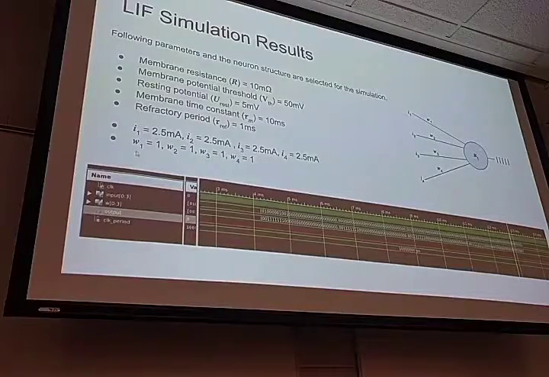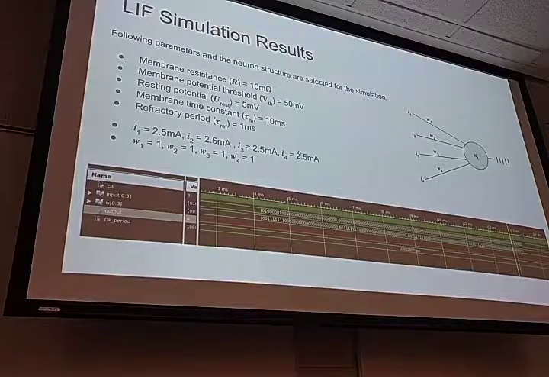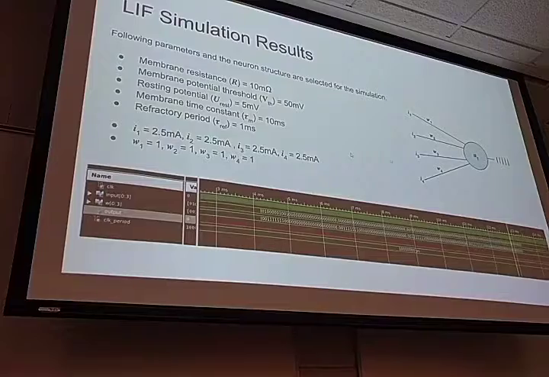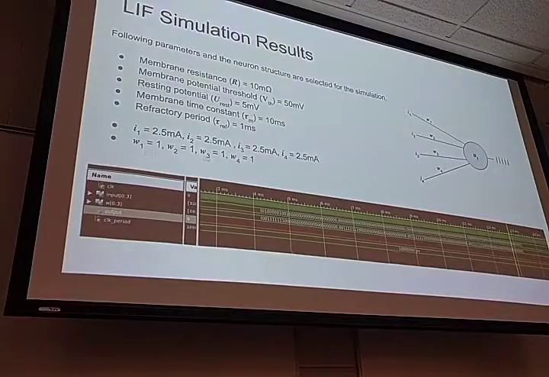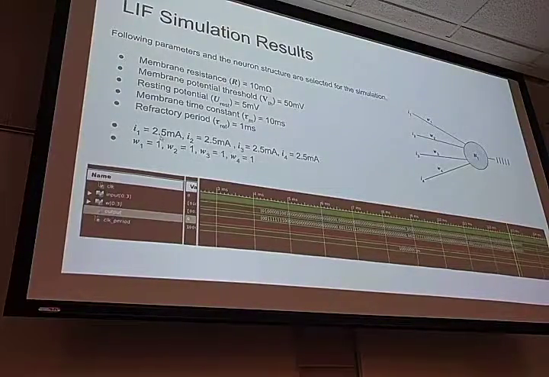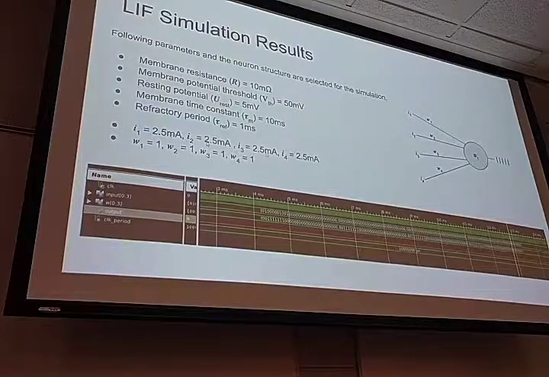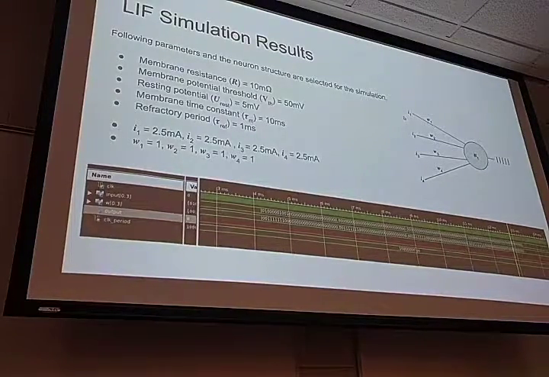And just for the sake of simplicity, we initialized all four weights to 1, and for all of the synaptic currents we just set 2.5 milliamperes.